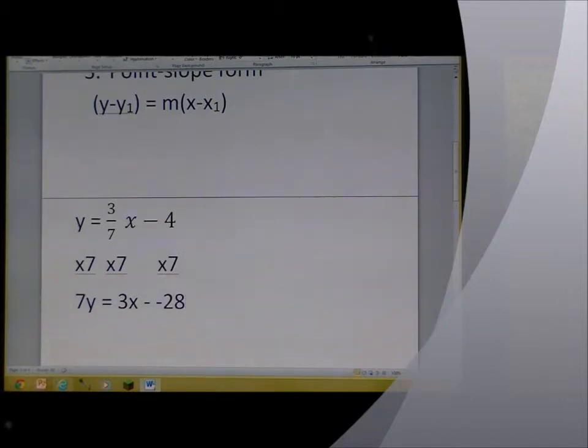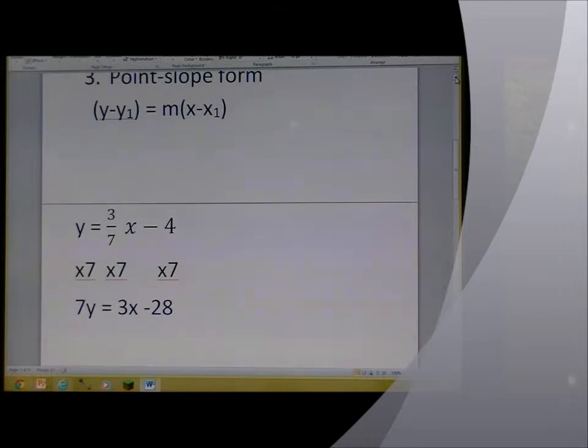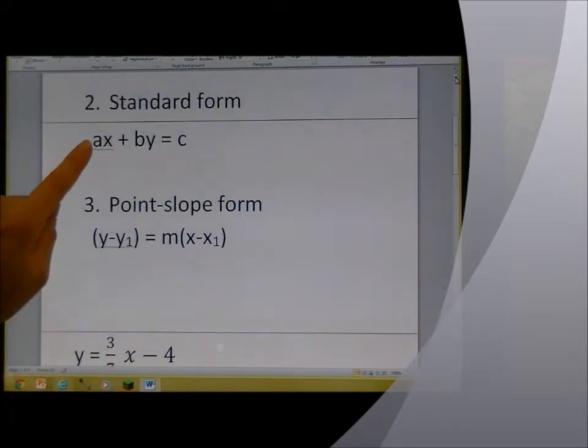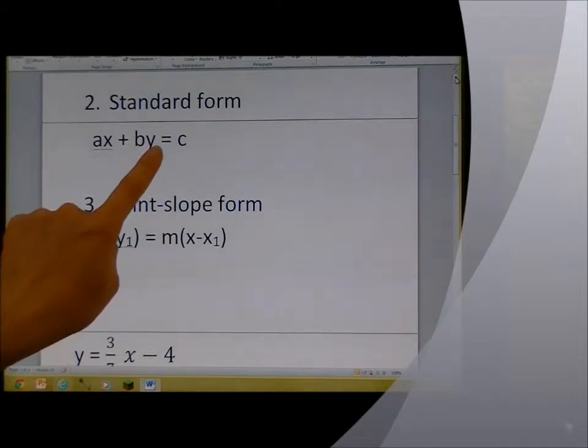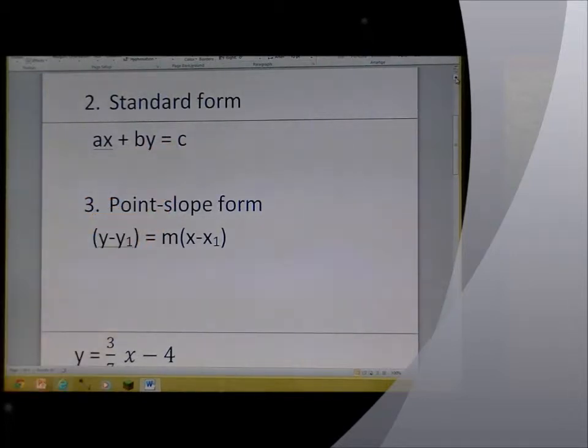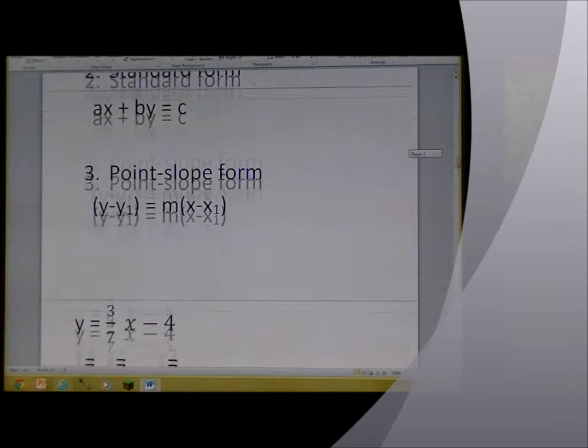Okay, so we're almost in standard form. I put two negatives there, and we just need one negative. Now, if you remember from the previous page, standard form is a coefficient with x plus a coefficient with y equals another constant by itself.